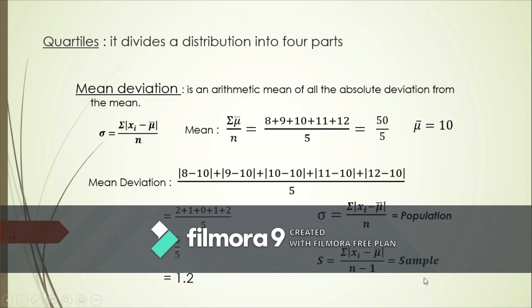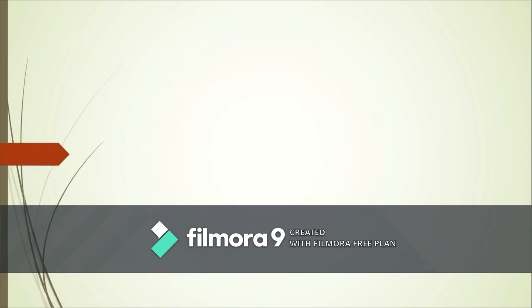So, may isa pang formula na pwede naman gamitin. Ito po ay sa sample, which is S is equals to the summation of all absolute deviation from the mean divided by n minus 1. This is the sample data, which is a subset of population.